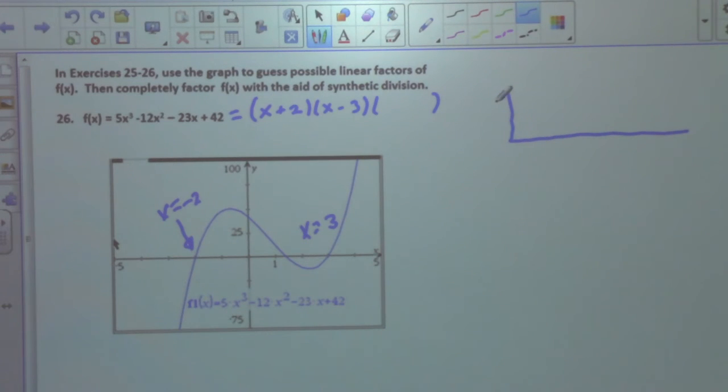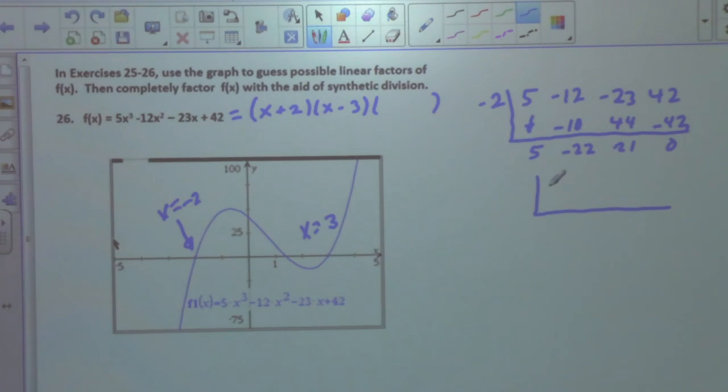And then I put -2 outside, and then put 5, -12, -23, 42, and I brought down the 5, and then -10, -22, 44, 21, -42, 0. And then I did it again.